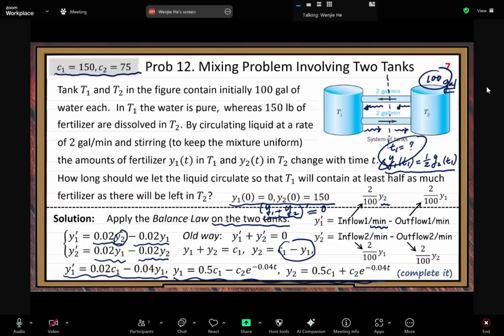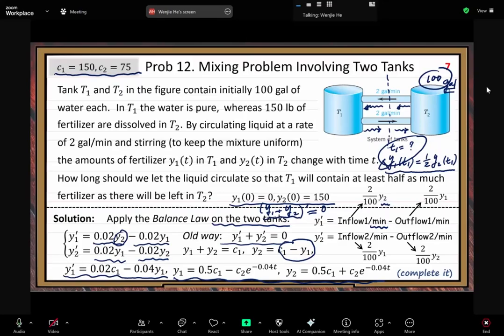Because this method relies on some special property, right? So here you can do the cancellation easily, but in the general case, you cannot cancel out the terms easily. So in a general situation, if you apply this way, the calculation could be pretty messy.